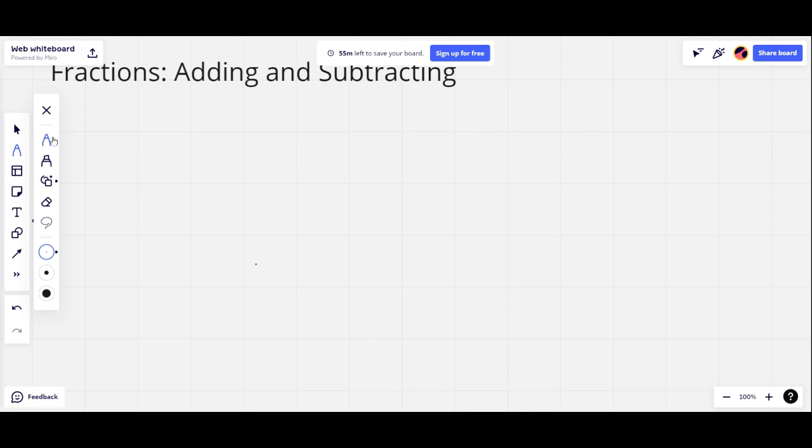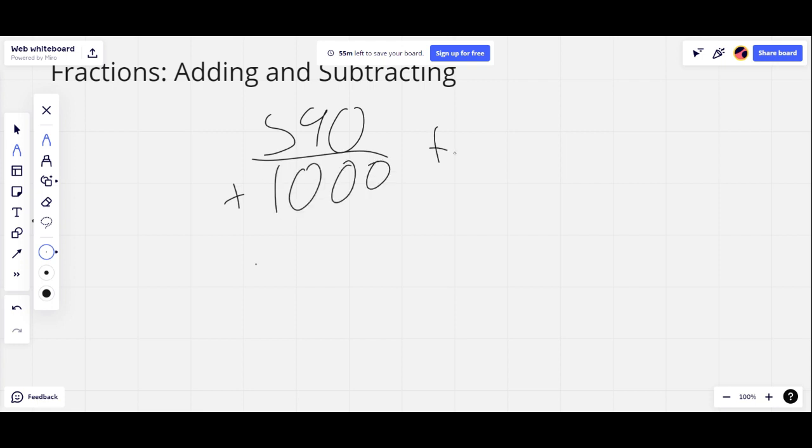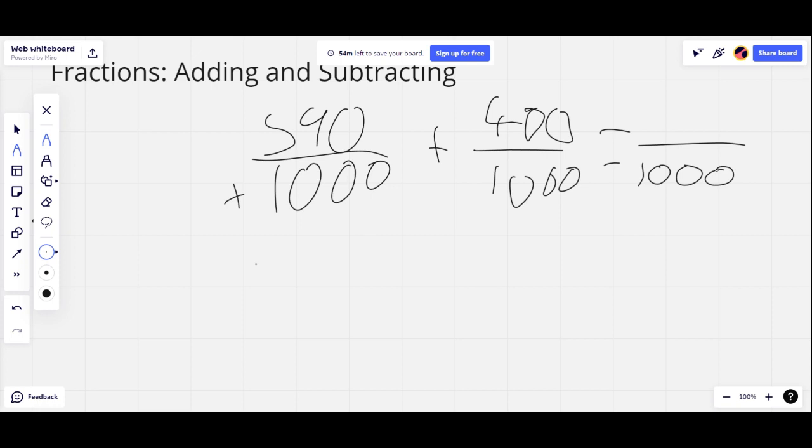Even if you've got something like 590 over 1,000 plus 410 over 1,000, it is still normal addition. The denominator is still 1,000. And the numerator is always going to be 590 plus 410 because they are the two numerators in this question. So that would be the answer.